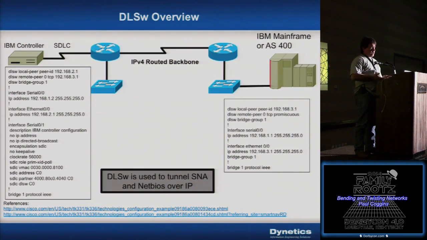And basically what DLSw does is it is designed to bridge SNA, SDLC, and NetBIOS traffic across an IP backbone. It's basically a tunneling protocol. And according to the RFCs, it's designed to do SNA, NetBIOS, SDLC.